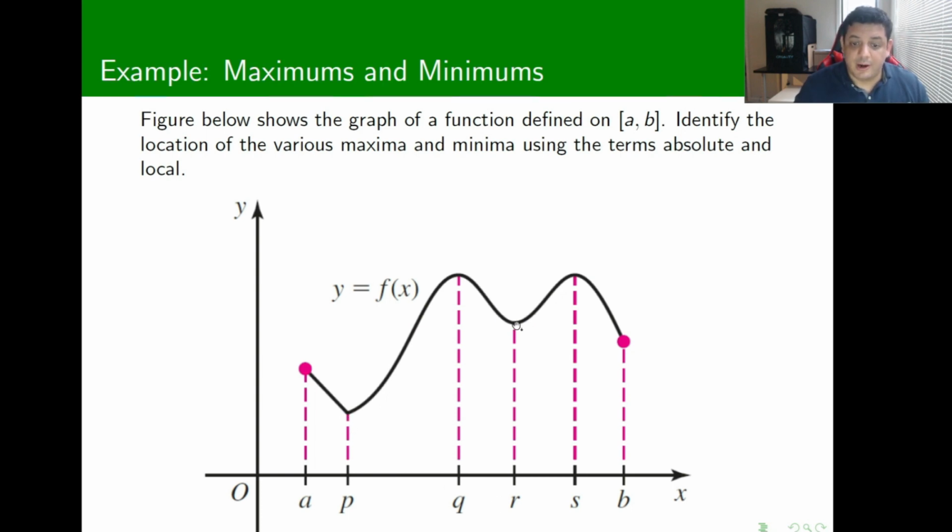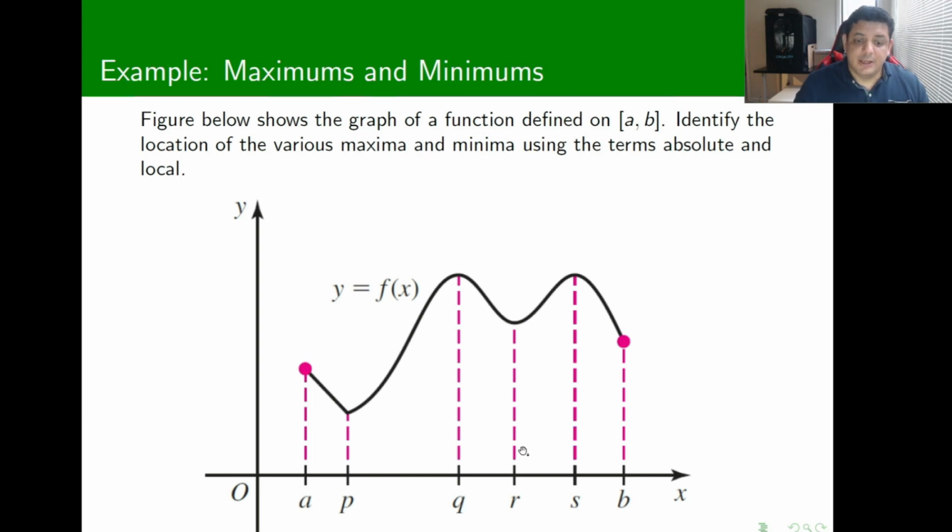Also, the point R can be a local minimum. And that's it. Those are the points where we can reach a local minimum. Now, this point P is going to be the smallest of all the values in the whole domain, so that's going to be the absolute minimum.